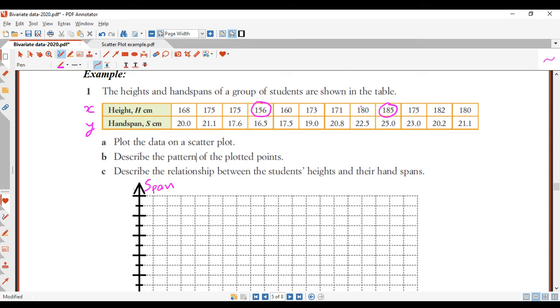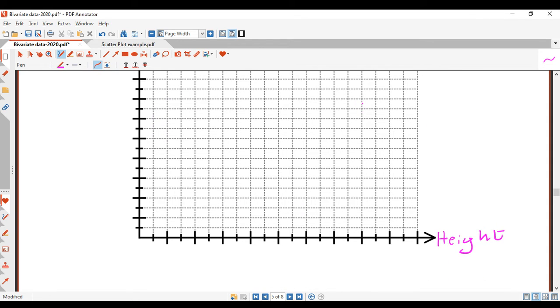Okay, so when I go down to the height axis, I'm going to start at 155. I might actually start here on the big tick mark. 155, 160, 165, 170, 175, 180, 185. Okay. Now technically I didn't start at 0, so I should do some sort of zigzag here to say that the axis is broken.